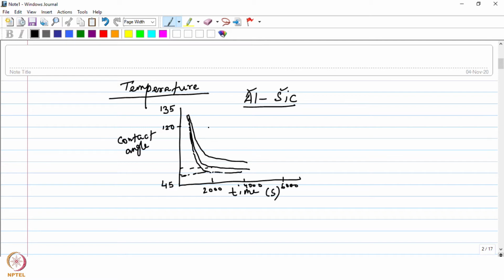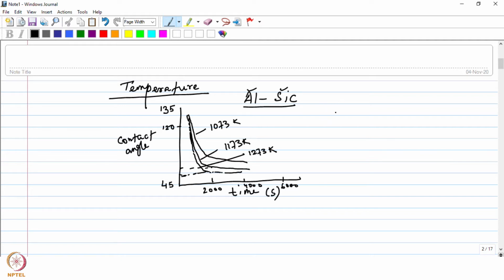Let's say for these three curves, we have these three temperatures. So you can see higher the temperature, lower is the contact angle.